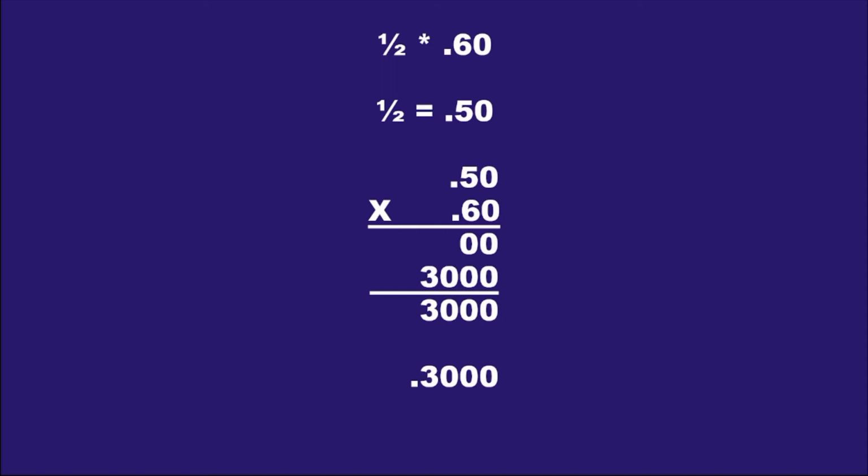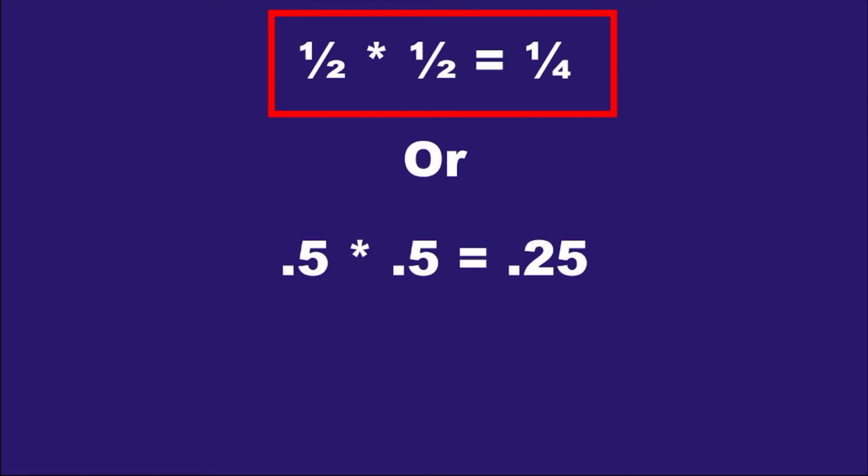So 0 times 0 would be 0, 0 times 5 would be 0, 0 times 6 would be 0, and then 6 times 5 would be 30. So you have 3,000, and then you move 0.50 and 0.60, so you have 4 decimal places. So you move from the right of the 3,000 to the left of the 3,000, 4 places. So it'll be 0.3000.